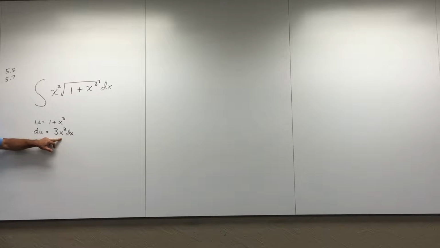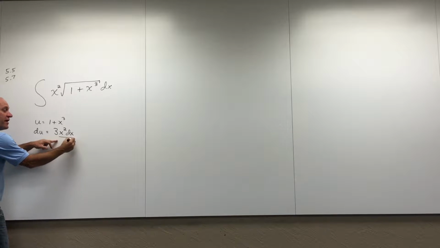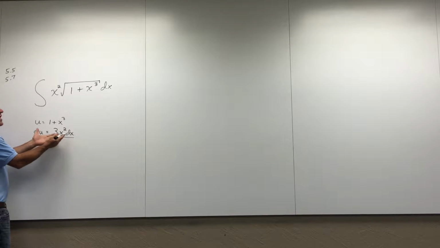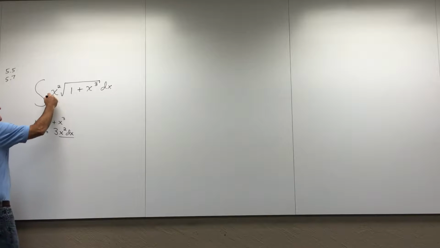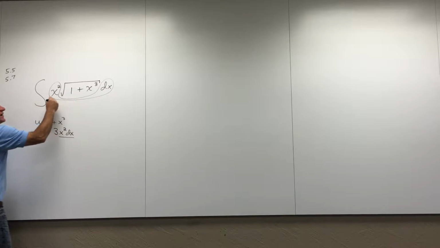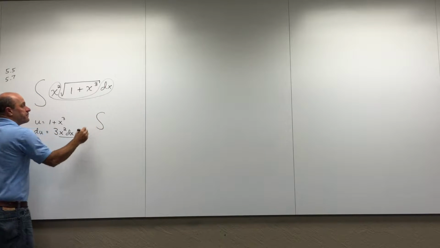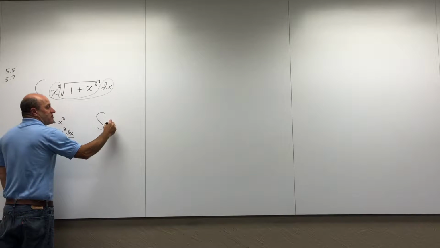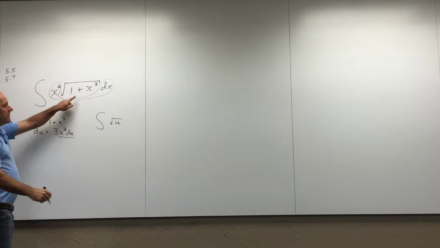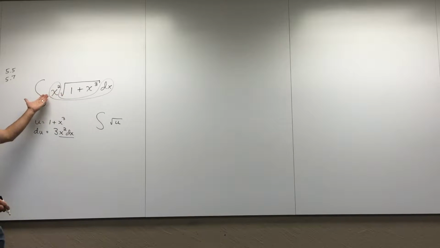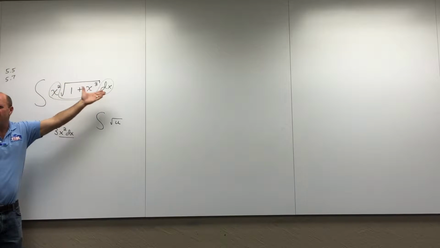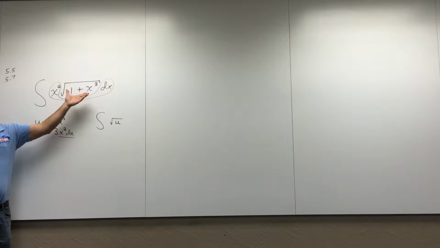You are happy mathematically because the x squared dx is in this du, and your problem had this extra x squared dx here. If you were going to replace this, you were going to have a square root of u, and then you were going to have this extra junk, this x squared dx, and I need it gone.